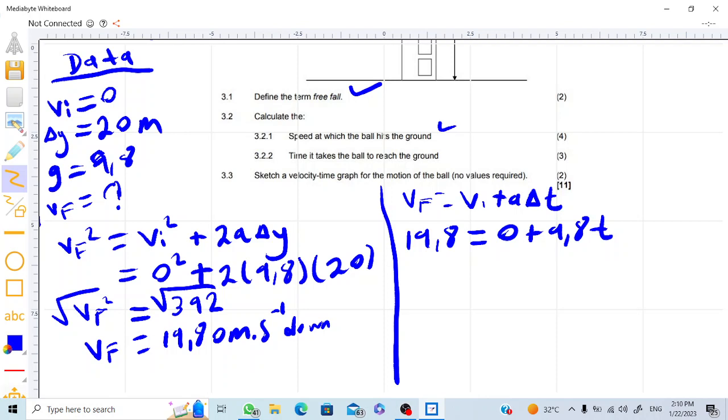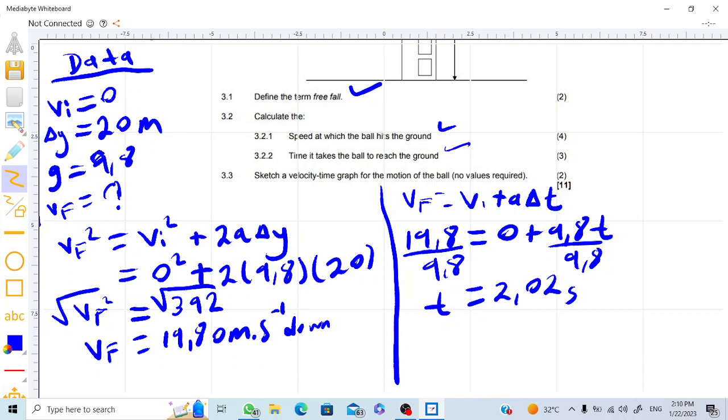So now you divide by 9.8 both sides. Now t is equal to 2.02 seconds. Okay, now we are done with this one.